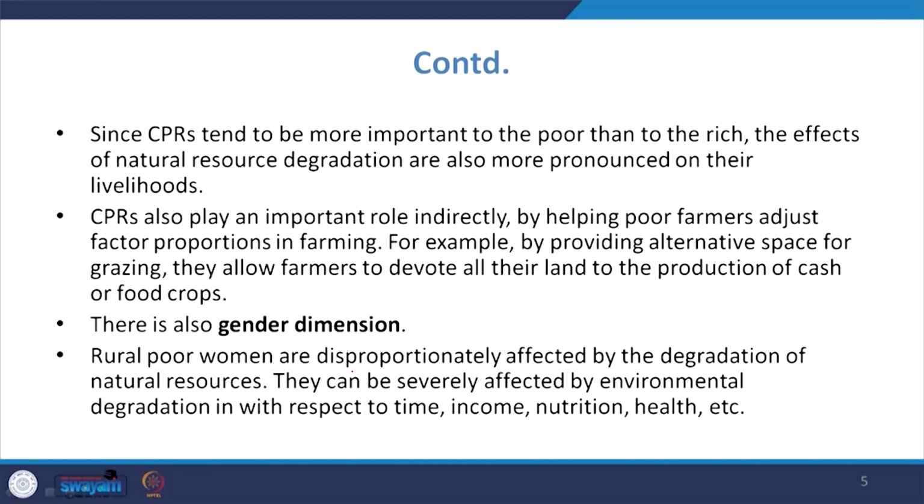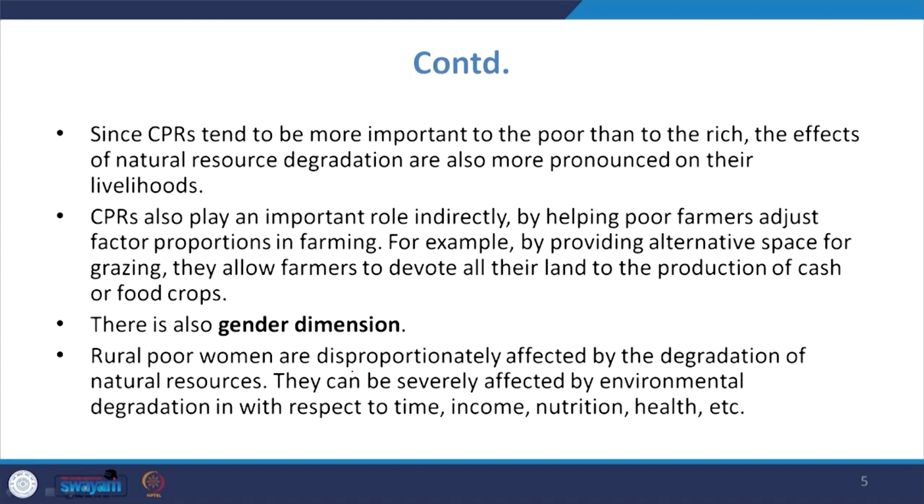So, as I already discussed that poor people largely depend on common property resources as compared to rich people, and if there is a degradation of these common property resources, then the livelihood of these poor people will be badly affected.